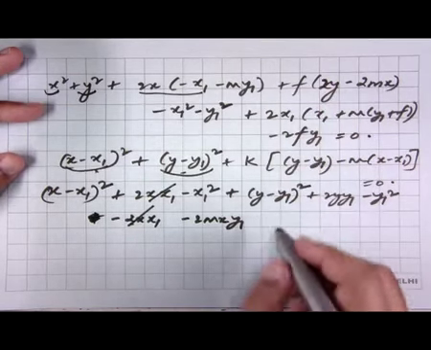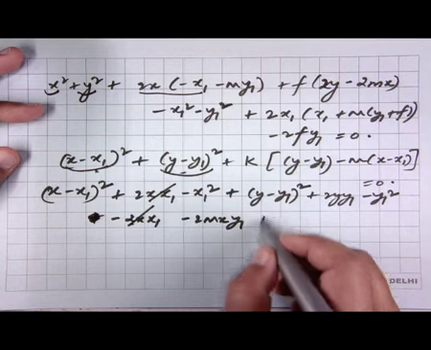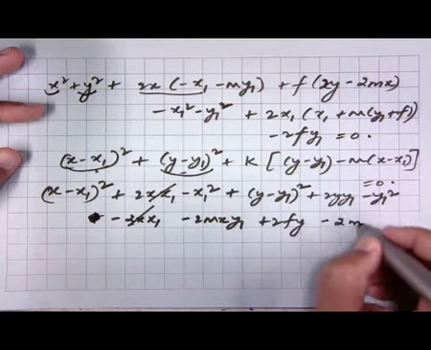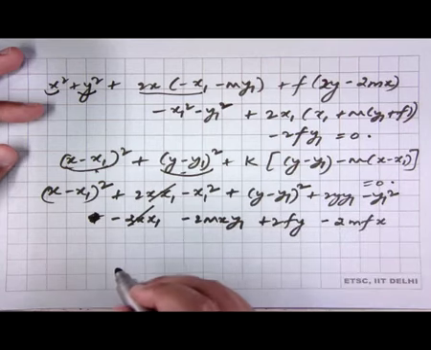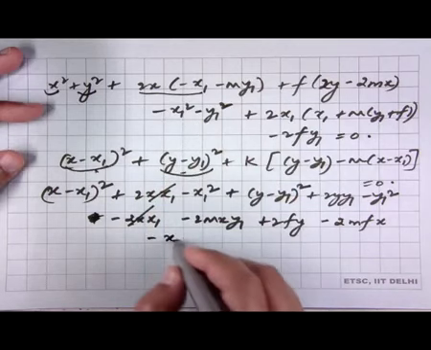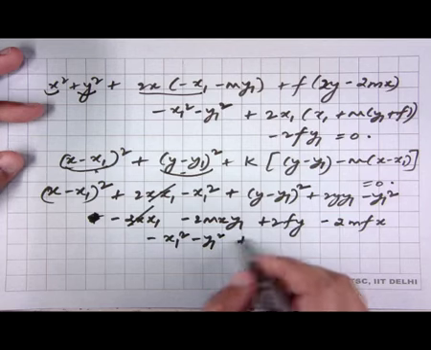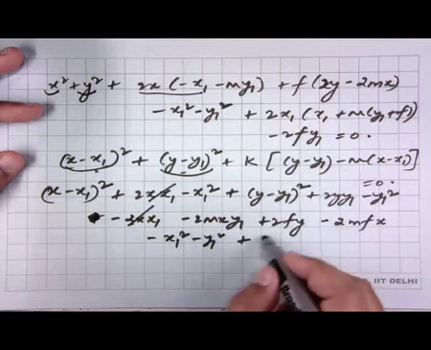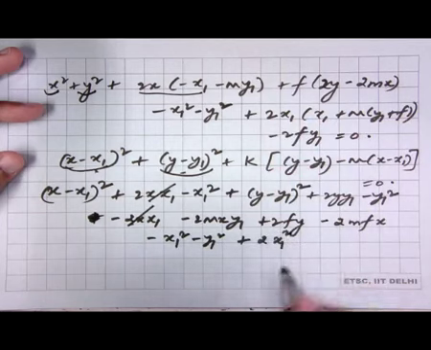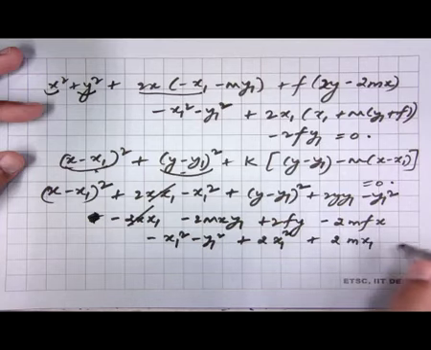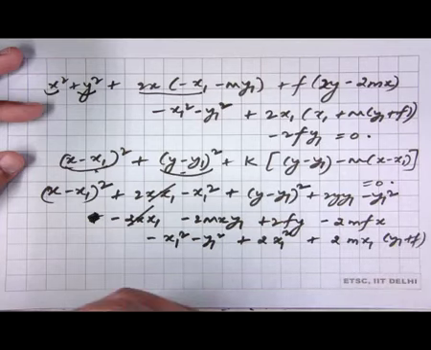Then here we have plus 2 f y minus 2 m f x minus x1 square minus y1 square, plus here we get 2 x1 square plus 2m x1 into y1 plus f minus 2 f y1 equals 0.